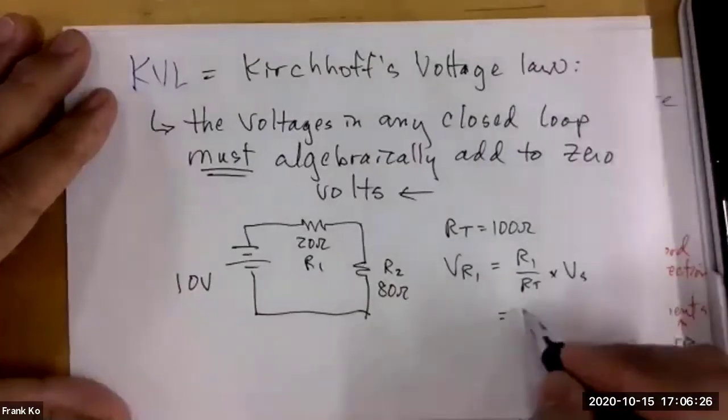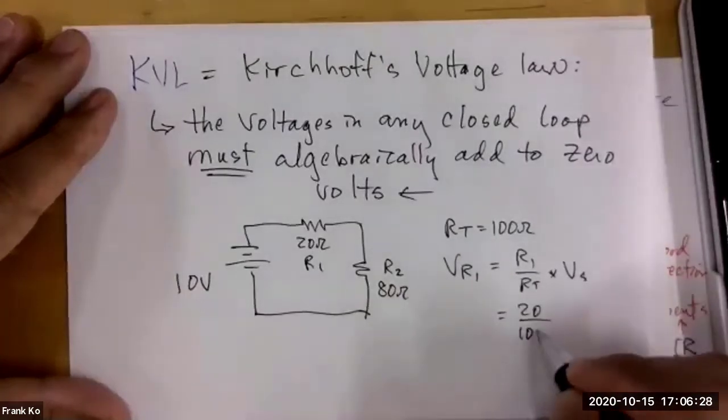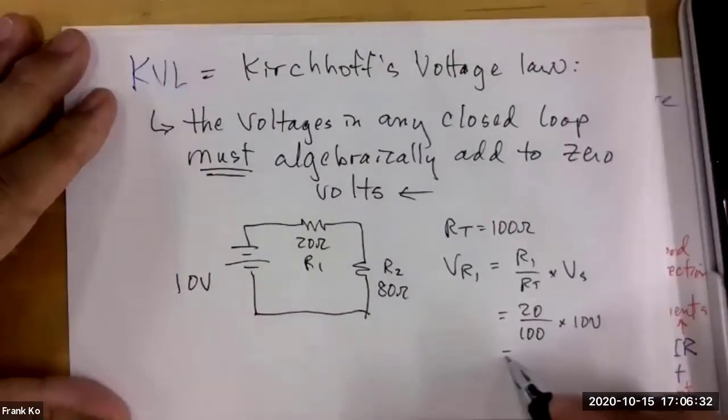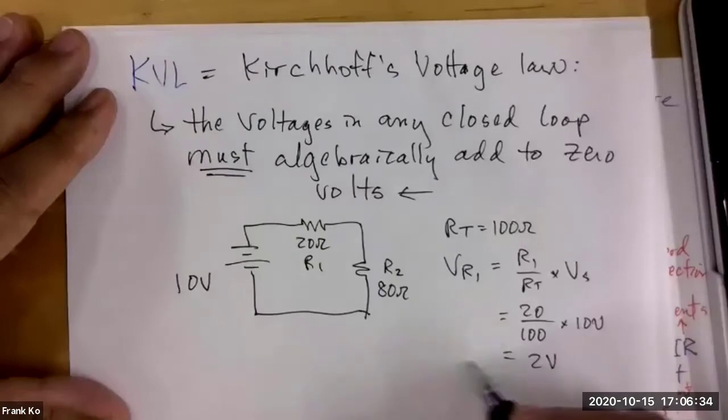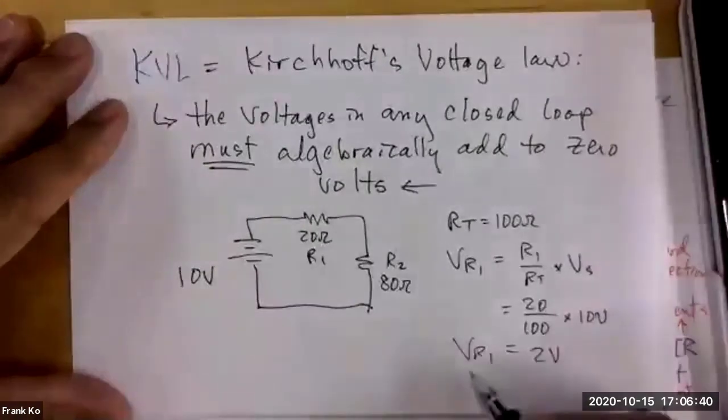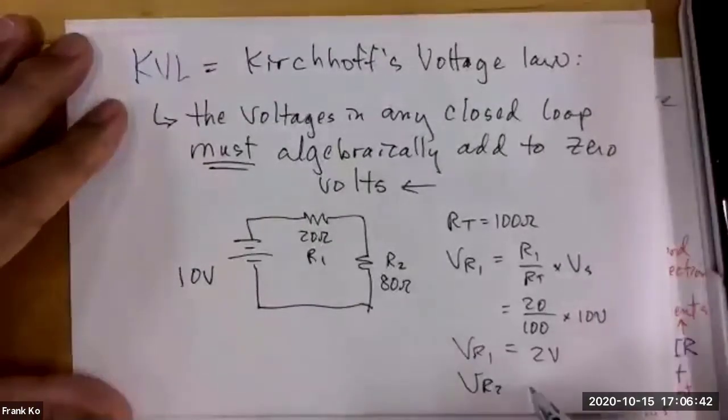So wouldn't this be 20 over 100 times 10 volts? Isn't this going to be 2 volts for VR1? Okay? I tried to keep the numbers fairly basic. And you'll find, by the same token, VR2 is going to be 8 volts.